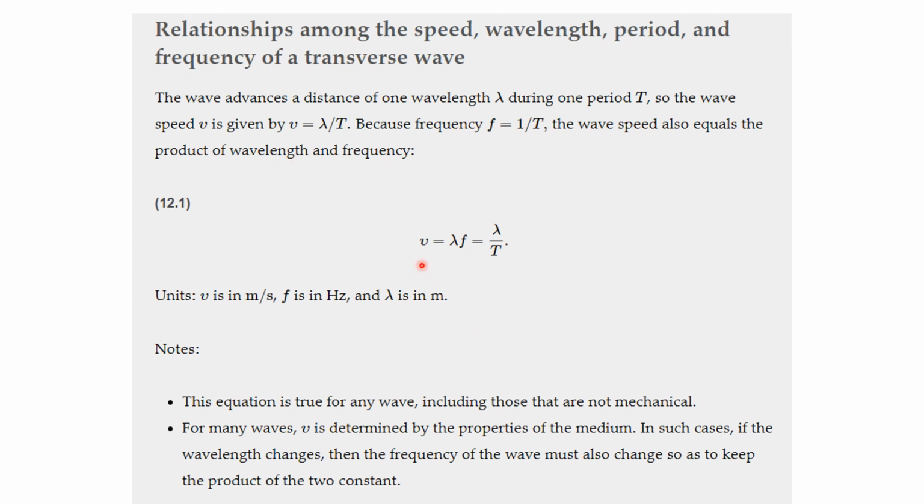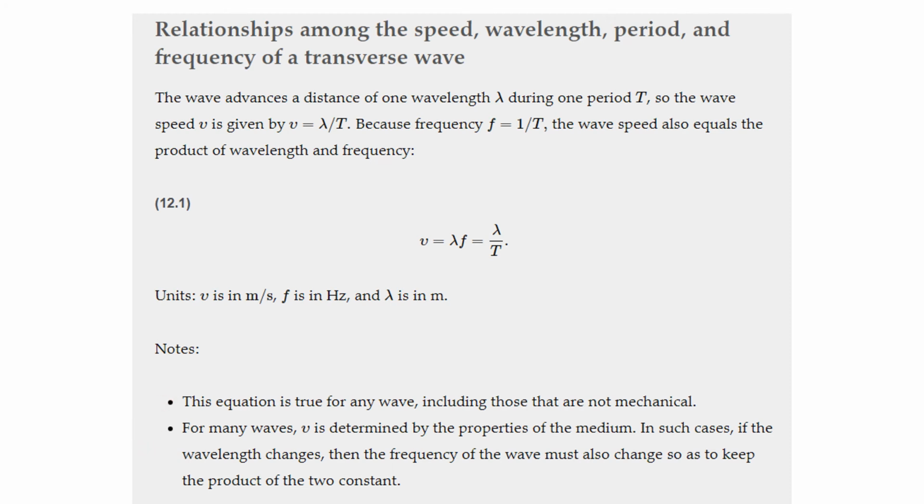So v, again, equals lambda f, equals lambda over T. And the units of v would be meters per second, f would be in hertz, or reciprocal seconds, and lambda is in meters. This equation is true for any wave, even those that are not mechanical waves.